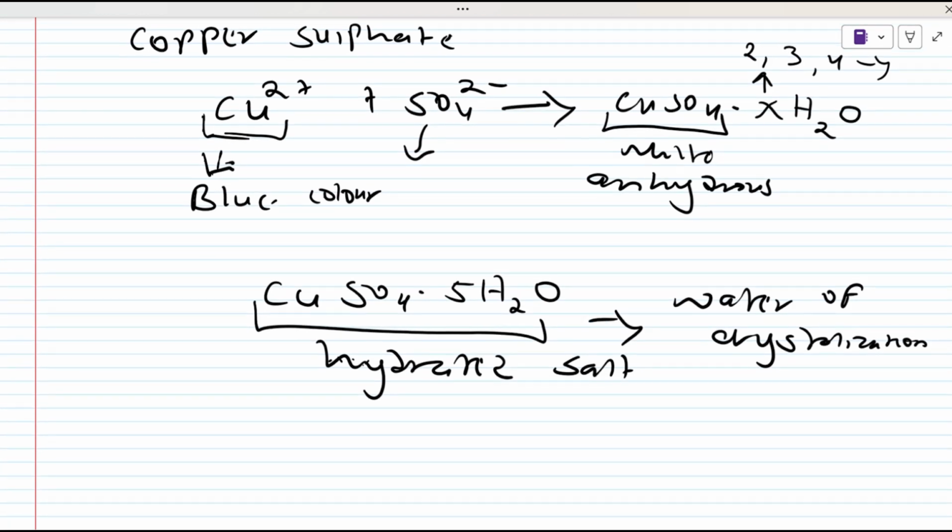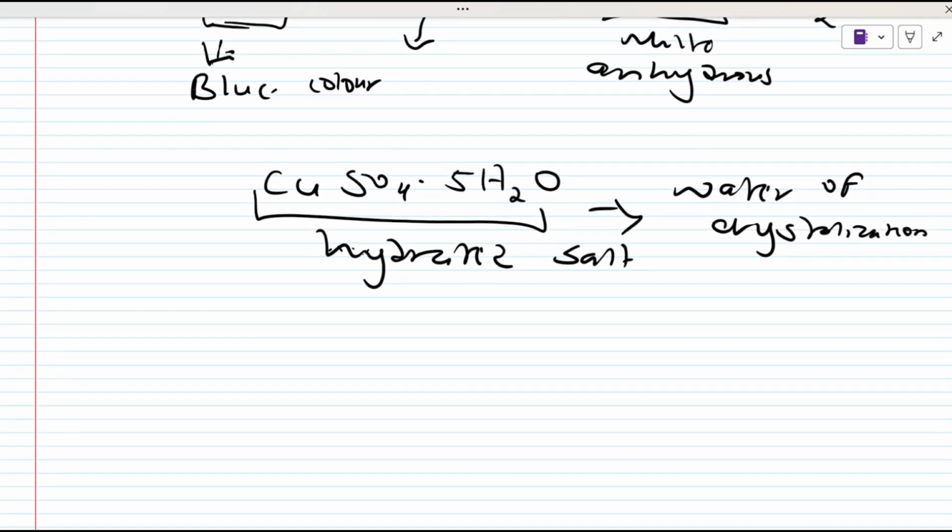So whether I'm having the hydrated or anhydrous form of copper sulfate, it doesn't matter. The key thing is I can start with anhydrous copper sulfate or hydrated copper sulfate salt. Then I decide to dissolve it in water to form an aqueous form of it.